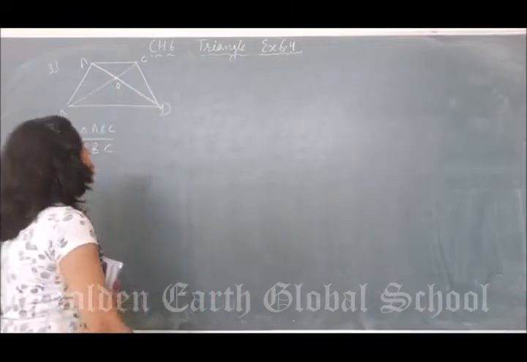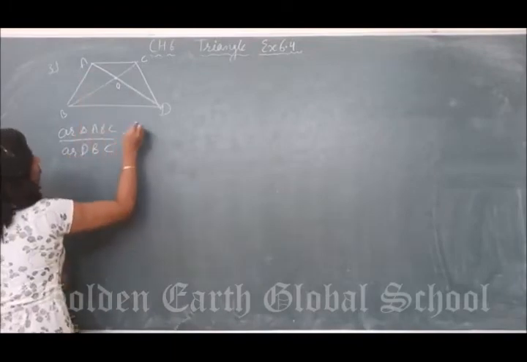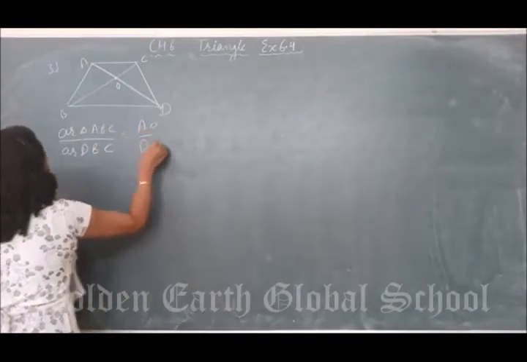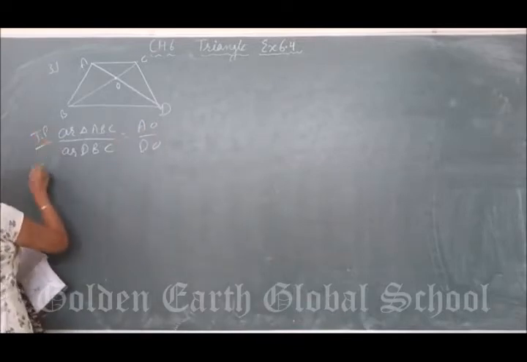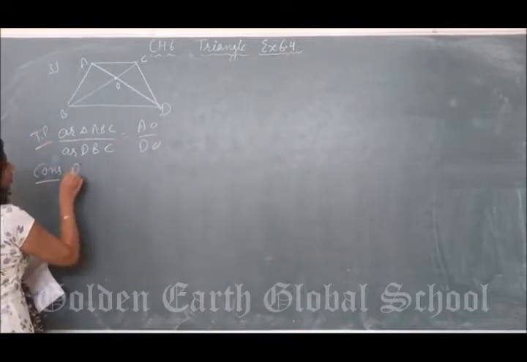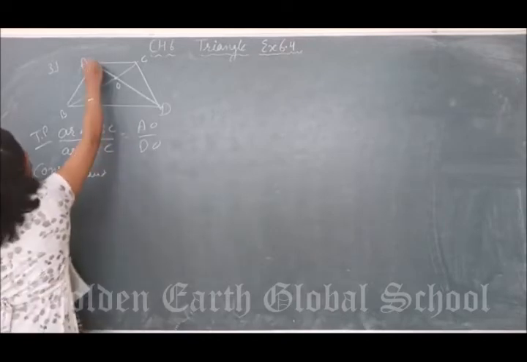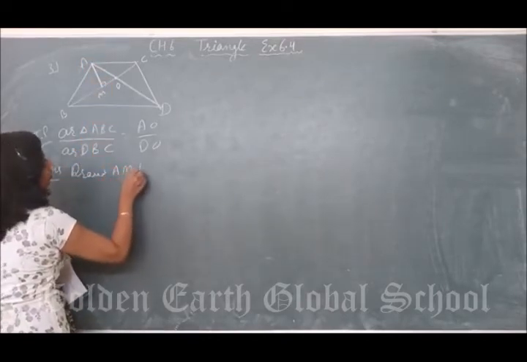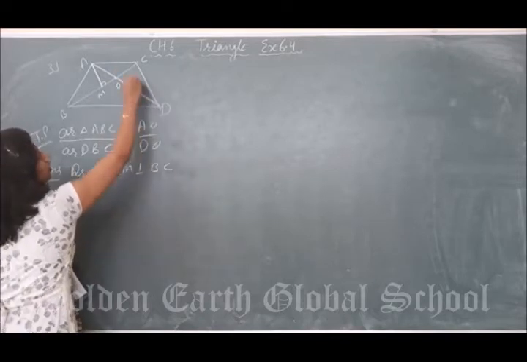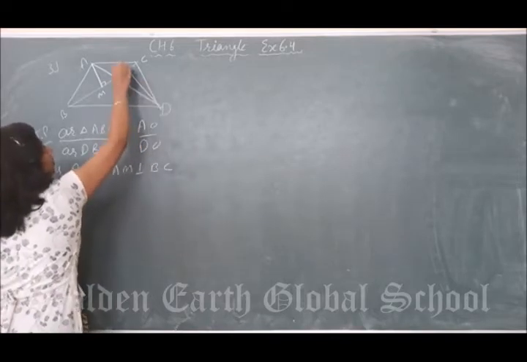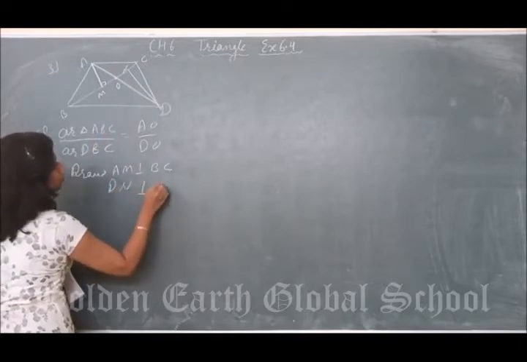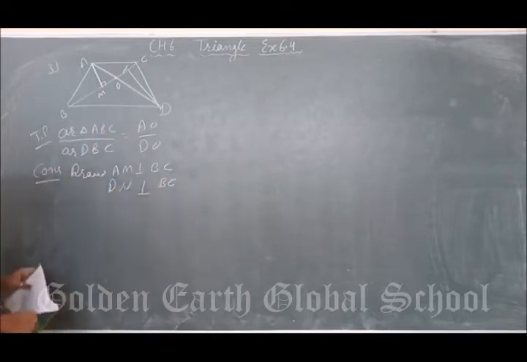So first of all, by construction, this we have to prove. So we will do construction. Draw AM perpendicular on BC, DN perpendicular on BC. Now apply the result.